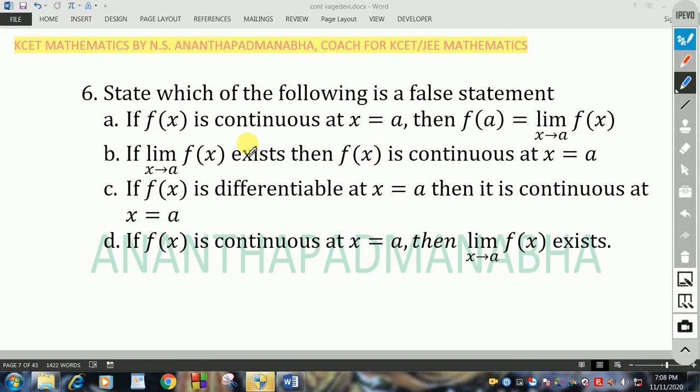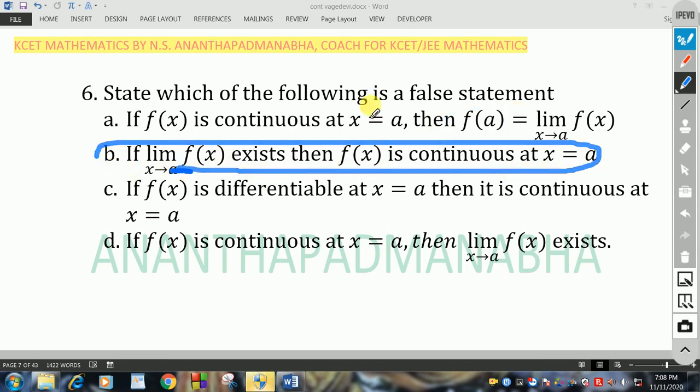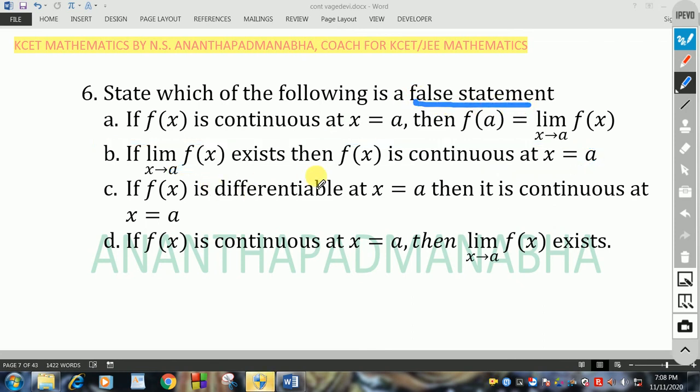So here we cannot conclude that it is continuous at x is equal to a. We have to see whether it is equal to f of a. So therefore this is the false statement. Clearly option B is the false statement. This is the required answer.